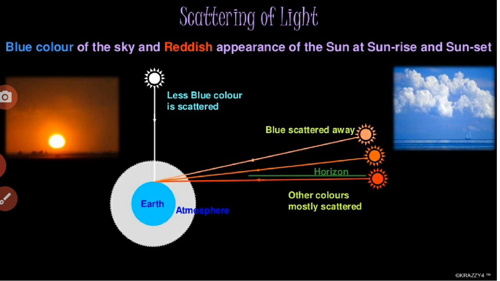At noon, the sun appears white as only a little of the blue and violet colors are scattered. Near the horizon, most of the blue light and shorter wavelengths are scattered away by the particles, and therefore the light that reaches our eye is of longer wavelength, and this gives rise to the reddish appearance of the sun.